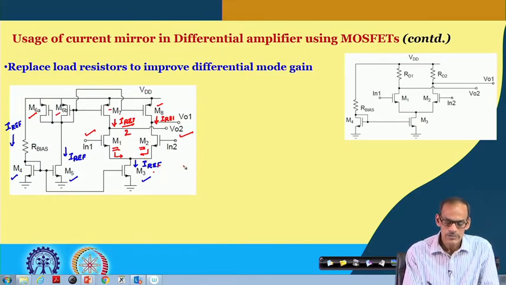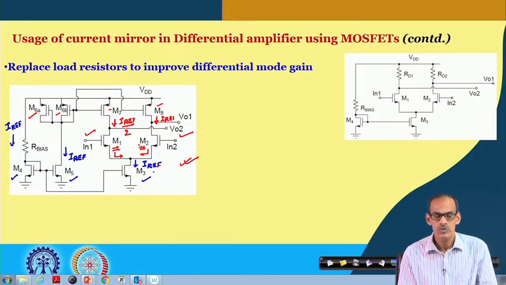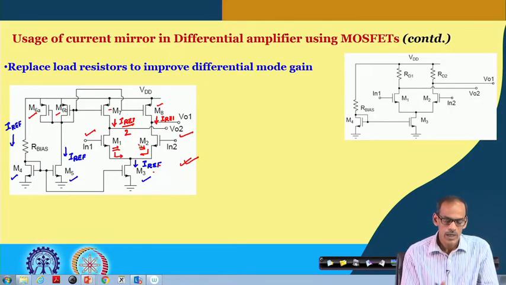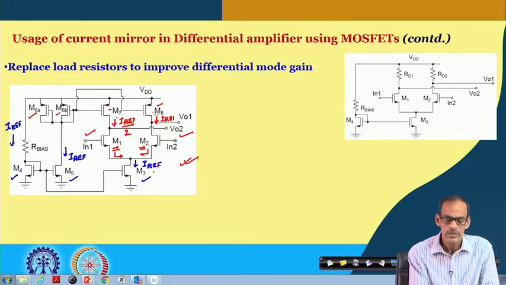In fact, this is very common, particularly for integrated circuits. We want transistors 1 and 2 to be matched, and likewise transistors 7 and 8 should be matched.